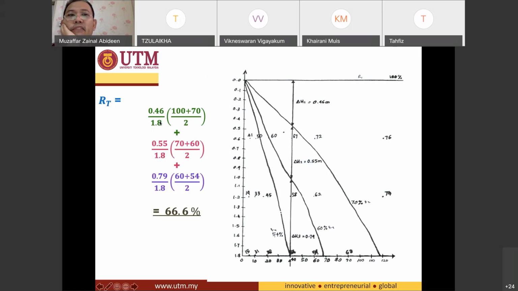For this one, you mean the value? Yes, the value. R1 is 100%, right? Oh, I see. Okay, I know what you mean. How do you get R2 is 70, R3 is 60, R4 is 54? Can you explain to me?